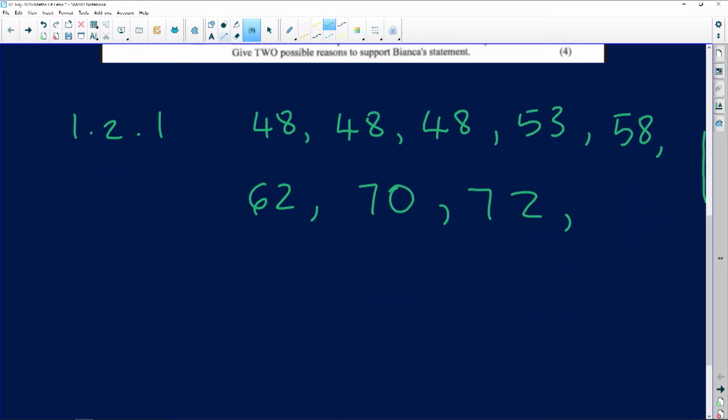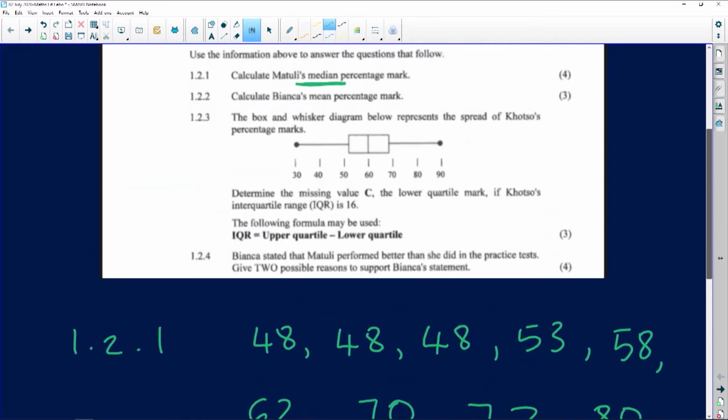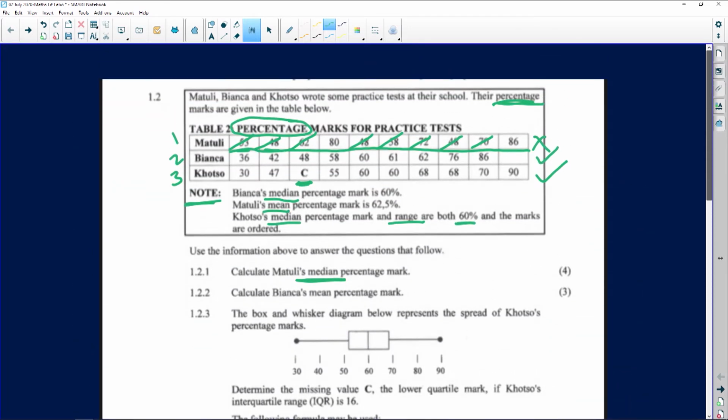Don't be shy, don't be scared. It will take a bit of time. So I did say there that the next mark would then be 80. And the next one would then be 86. I need to now remember I am human. I can make mistakes. So I need to go count. And if I count all my marks, I'm going to use a different color.